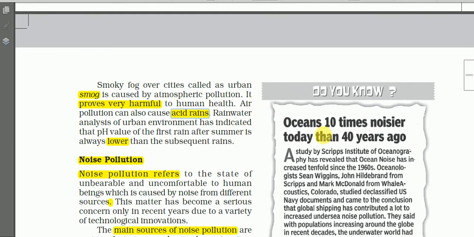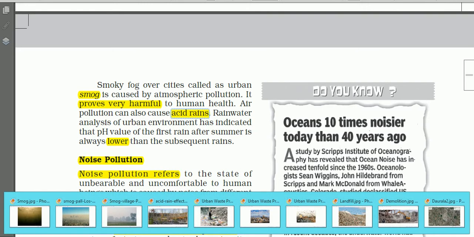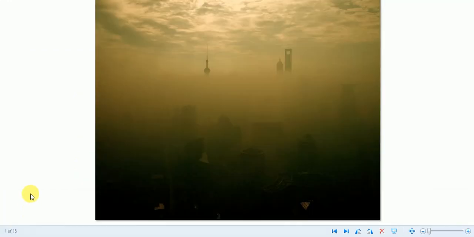Now let us see some photographs of smog and acid rain. Here is a photograph showing smog covering the whole city of New York. Sometimes when there is smog, one cannot even see his or her feet. So this is a scene of smog.